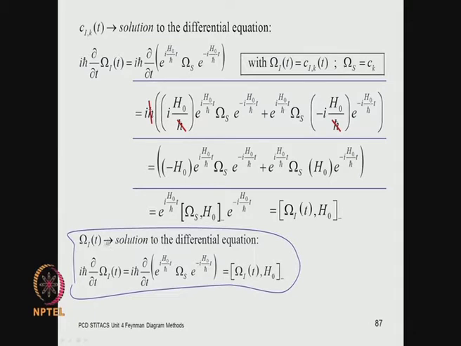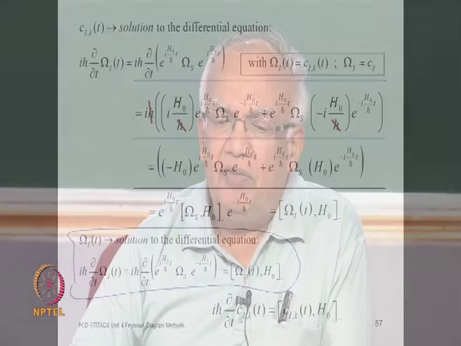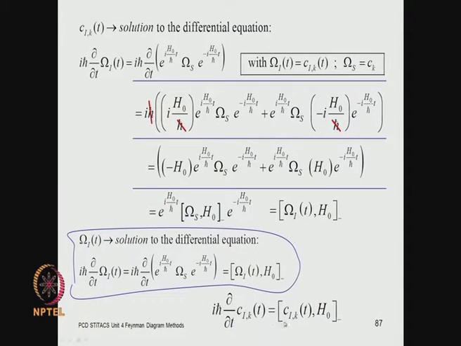So, to get omega_I, you have to solve this equation, in which the time derivative of omega_I is given by the commutator of omega_I with H_0. This is valid for any operator omega, and therefore, it will be valid also for the destruction operator in which we were interested. So, the time derivative of the destruction operator will be given by the commutator of the destruction operator with H_0.